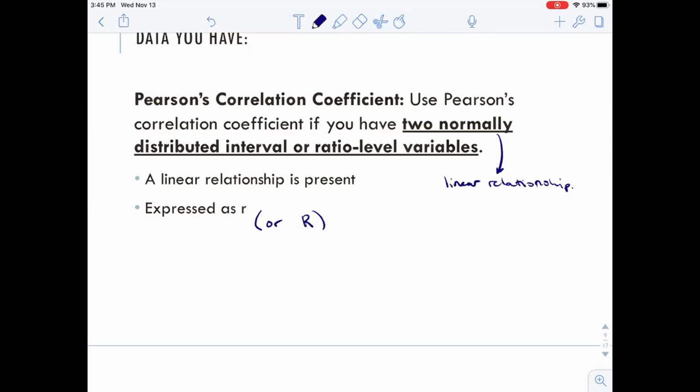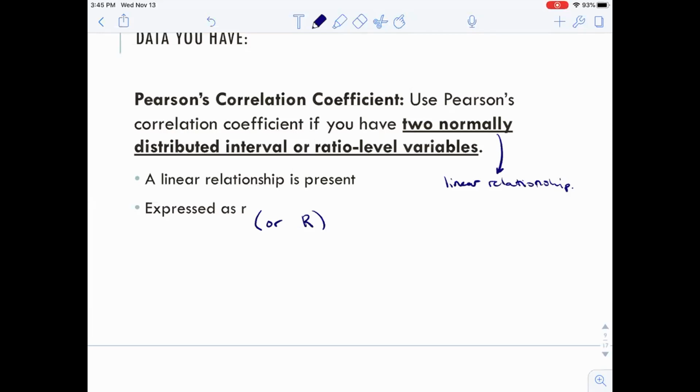So r is going to be our correlation, and r tells us the strength and the direction of a linear relationship.